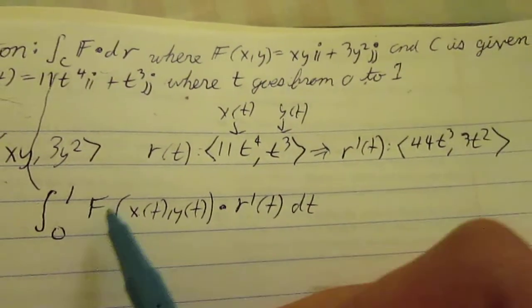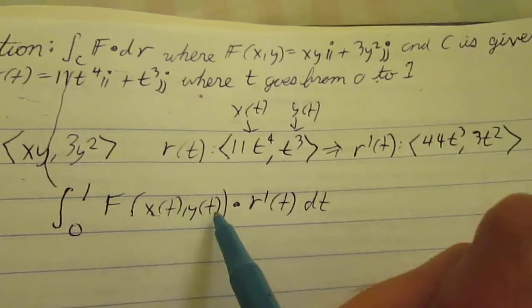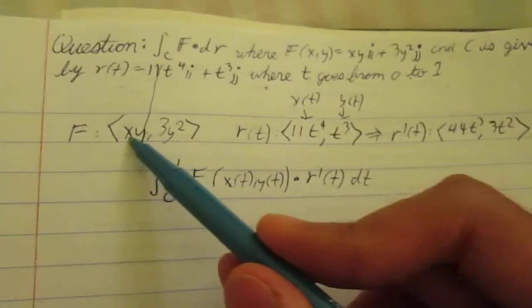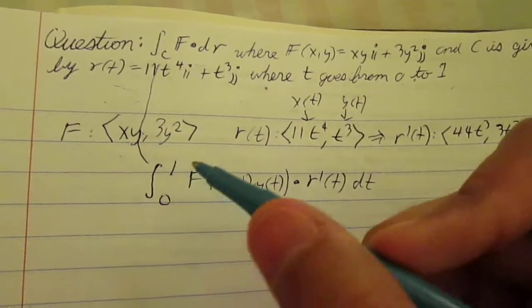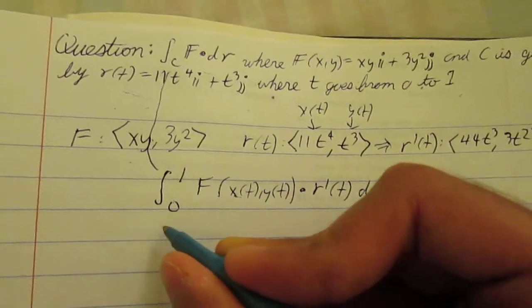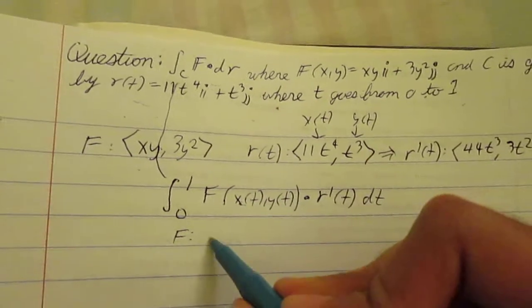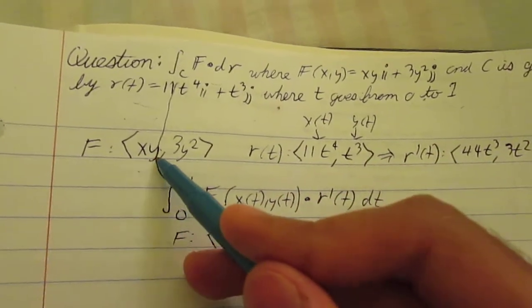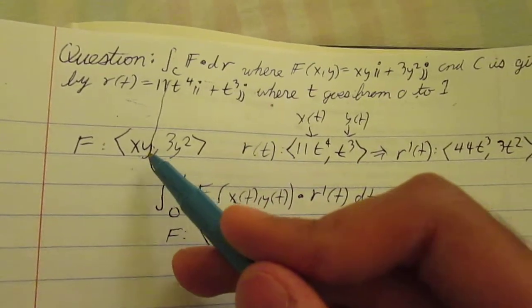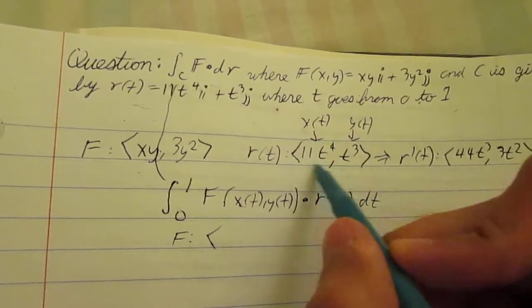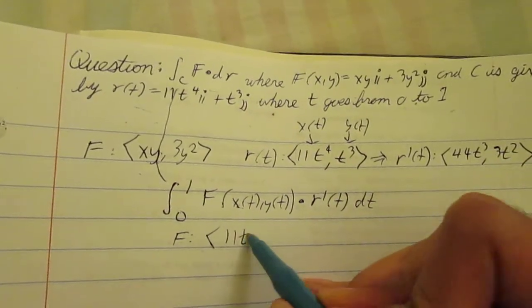Okay, that's good. Now we have to plug in x of t and y of t into the original function. So now our f is, okay, it's x times y for the x component, right? So what is x? x is 11t to the 4.